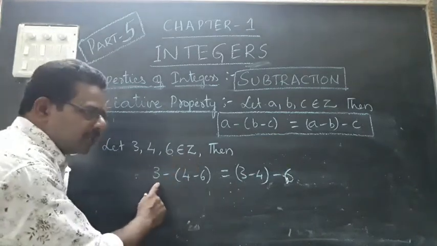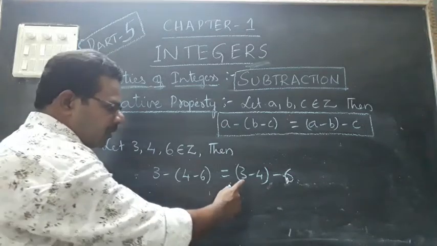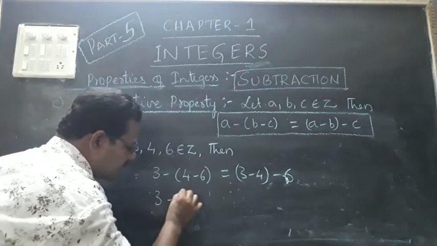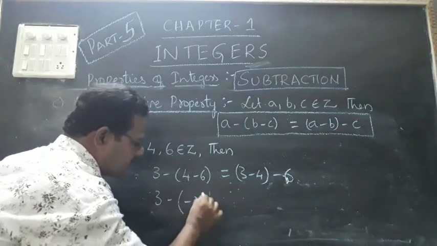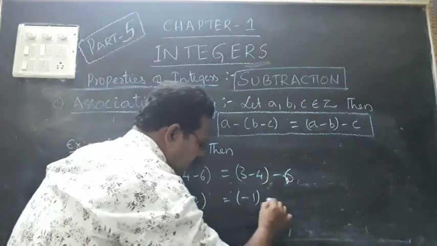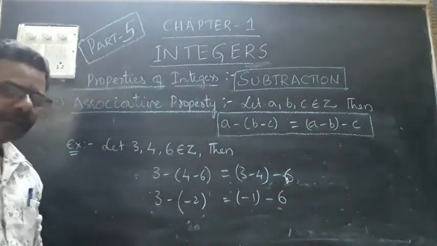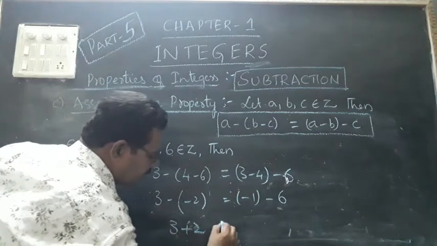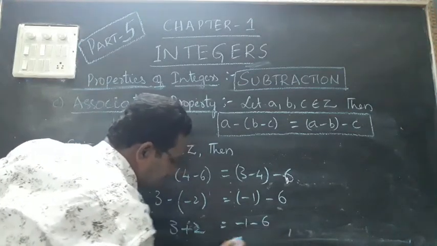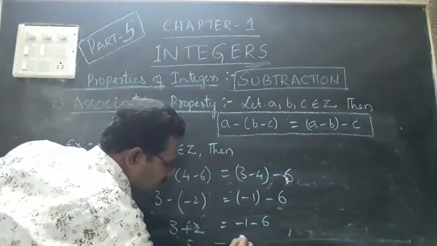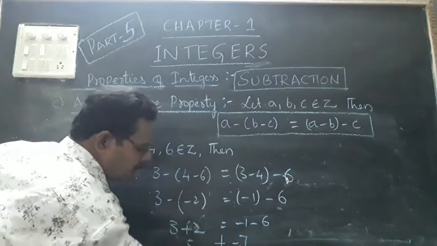Then 3 minus (4 minus 6) is equal to (3 minus 4) minus 6. So for this, 3 minus (4 minus 6): 4 minus 6 is equal to minus 2, and 3 minus of minus 2, minus into minus is equal to plus 2, so 3 plus 2 is equal to 5. And (3 minus 4) minus 6: 3 minus 4 is equal to minus 1, and minus 1 minus 6 is equal to minus 7. These two are not equal.